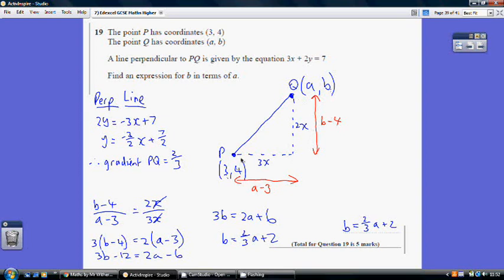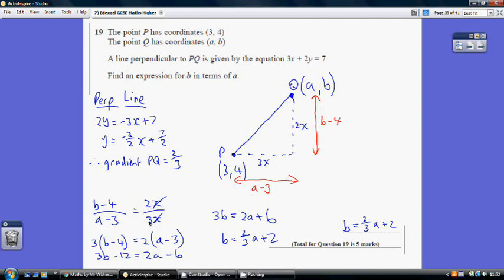And this length here, so looking at my x coordinates, is going all the way from 3 up to a, so that's a minus 3. So thinking of it as a ratio, the gradient is 2x over 3x, my 2 over 3, and the ratio with regard to the length is b minus 4 over a minus 3. So b minus 4 over a minus 3 equals a ratio of 2 to 3.